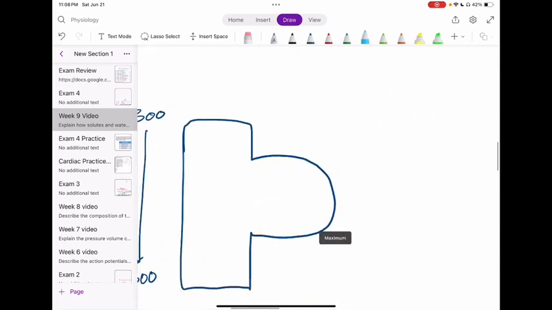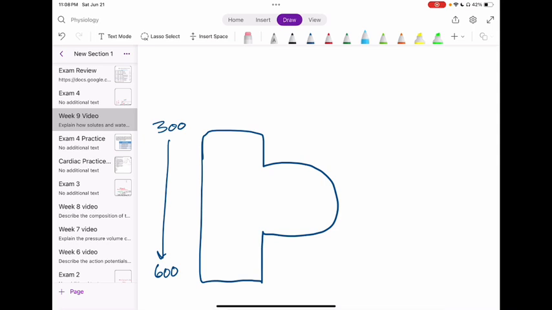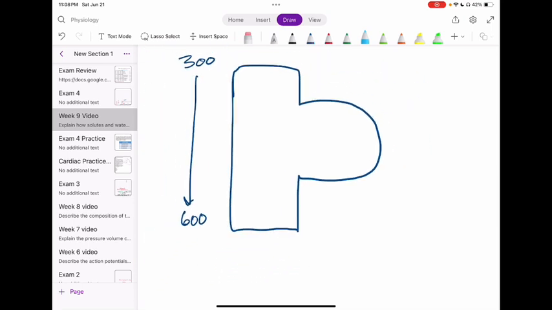And why I say that is because right here at the descending tubule, this just focuses on water, even though it only does 20% of the water.